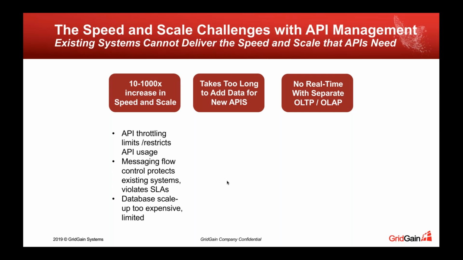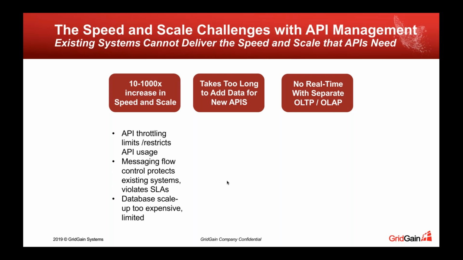Now, it's okay when you're trying to save a mainframe and you have no other choice. The challenge is, because these things all exist there, you actually have no idea when it hits the system as you increase the load. So at some point, as your API loads increase, and they will increase, you have no idea that this bottleneck exists until it happens, and you start violating SLAs without any way of compensating for it, other than dialing up your API throttling. So the point is, again, you need to be able to support the speed and scale people are expecting.